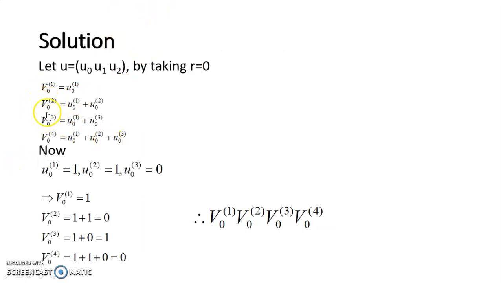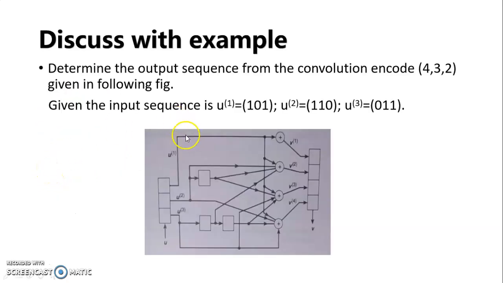V01, V02, V03, V04 is like here. Now U01 equals 1. Why? Because this is U01, this is U02 and this is U03.